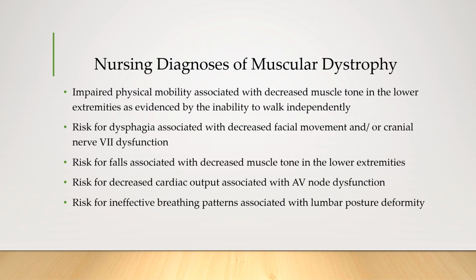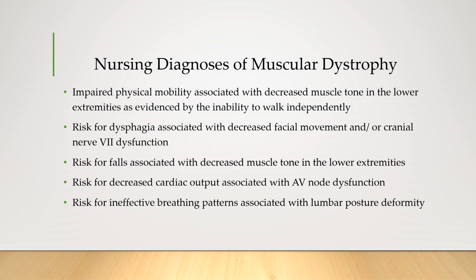So, some nursing diagnoses for muscular dystrophy: impaired physical mobility associated with decreased muscle tone in the lower extremities, as evidenced by the inability to walk independently. Risk for dysphagia associated with decreased facial movement and or cranial nerve 7 dysfunction.